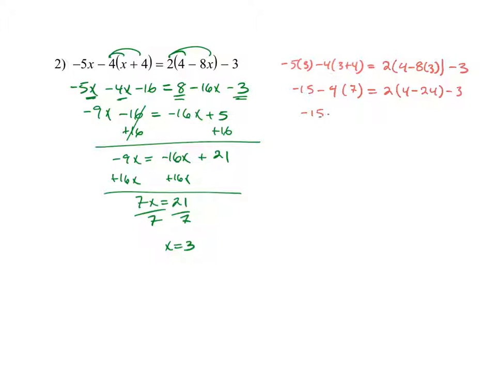So negative 15 minus 28 equals 2 times negative 20 minus 3. So negative 43 equals negative 40 minus 3. Negative 43 equals negative 43. So that means that 3 is my solution.